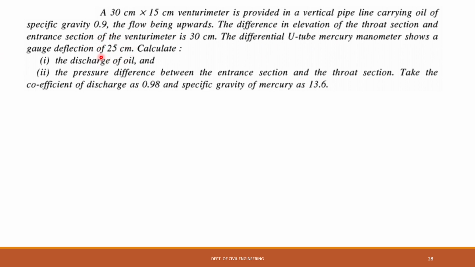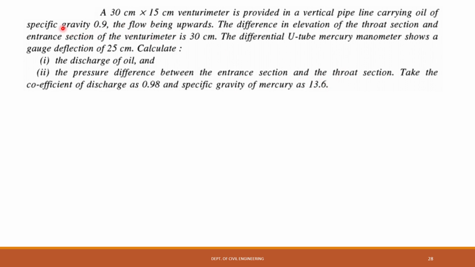So this is your X value. Calculate the discharge of oil, that means we have to find out Q, and also the pressure difference between the entrance section and throat section. So P1 minus P2 is to be found out. Take the coefficient of discharge as 0.98 and specific gravity of mercury as 13.6.